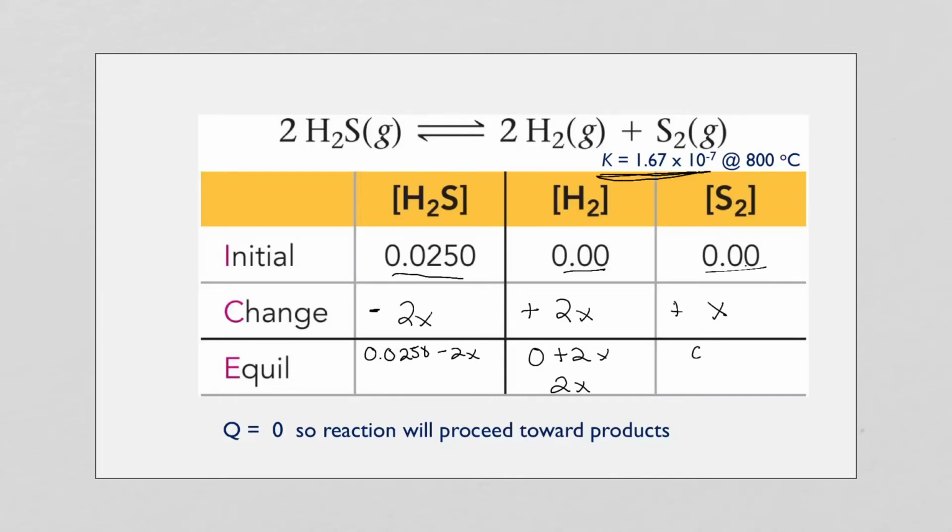And we have 0 plus x, or simply x, as our equilibrium concentration of S2. So now we have our expressions that we could then write out. We're going to next work through solving this equation.